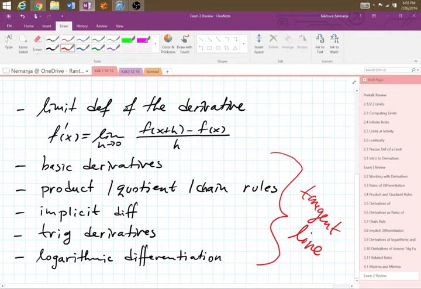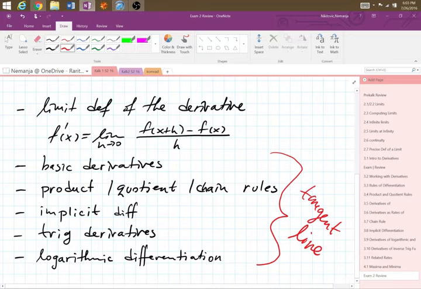Tangent line problem. For the tangent line problem, we know that you first find the derivative, then you plug the x value in to find the slope. Step 1, find the derivative. You find the derivative by any of these ways. So the tangent line problem could have any of these as the input, and then you just plug in the values to find the slope.